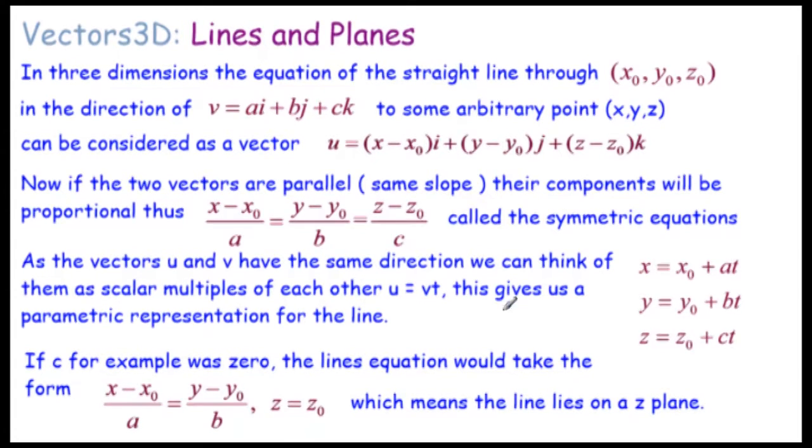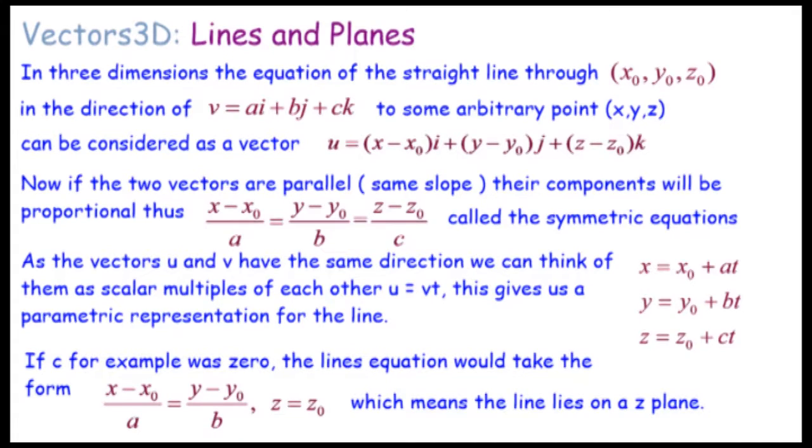Then, if C is 0, we can put z is equal to z0. It just means that z is always z0, so this line is on the z plane. This will become clearer when we do some examples at the end, where we get the A, B, and the C from.